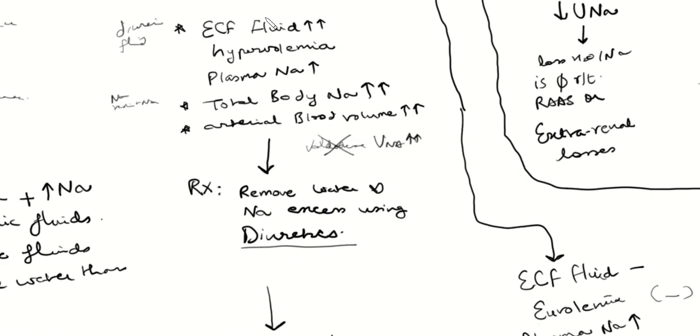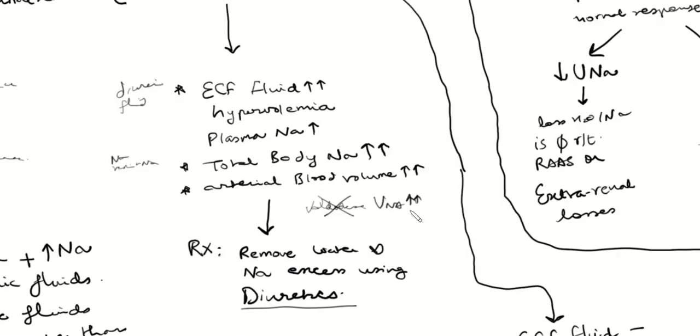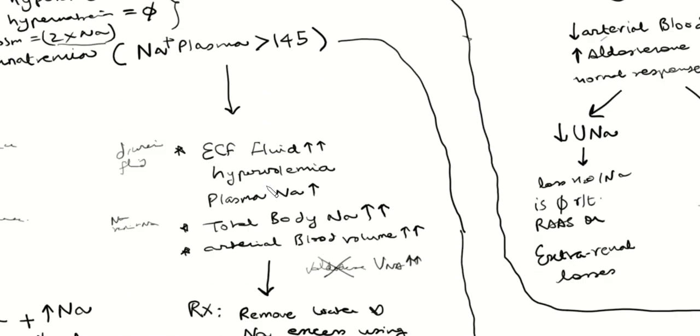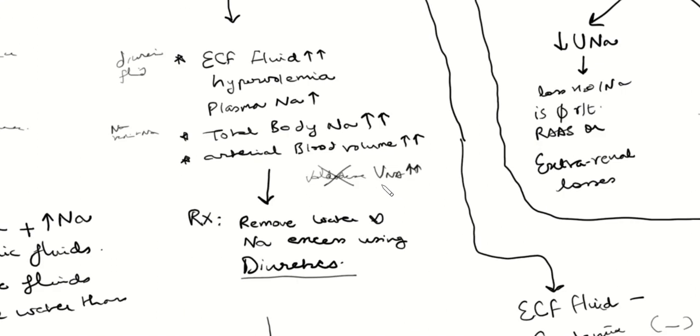Again, if we have decreased urine, so again, if we are looking at hypernatremia, and it's hypervolemic hypernatremia, what's going to happen? Total body volume, so arterial blood volume is going to be high, so aldosterone's not going to kick in.